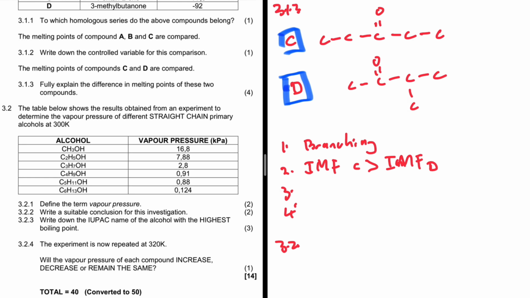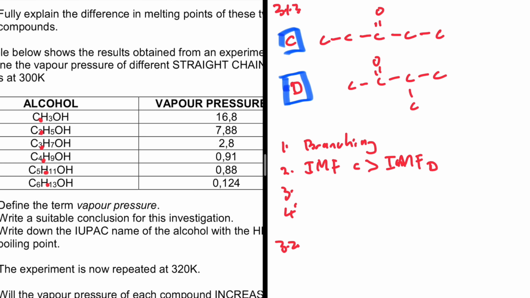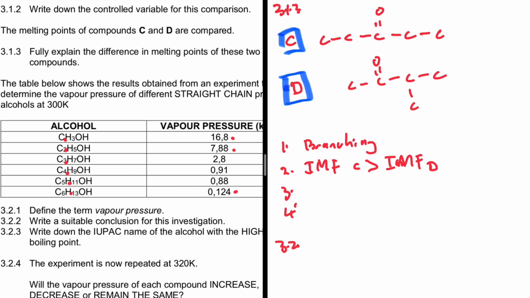And then 3.2.2, write a suitable conclusion for this investigation. So let's take a look at our data. We have C1, C2, C3, C4, C5, C6. And then the vapor pressure 16.8, 7.88, it keeps going down. So clearly, as the chain length increases, the vapor pressure decreases. That is a suitable conclusion.